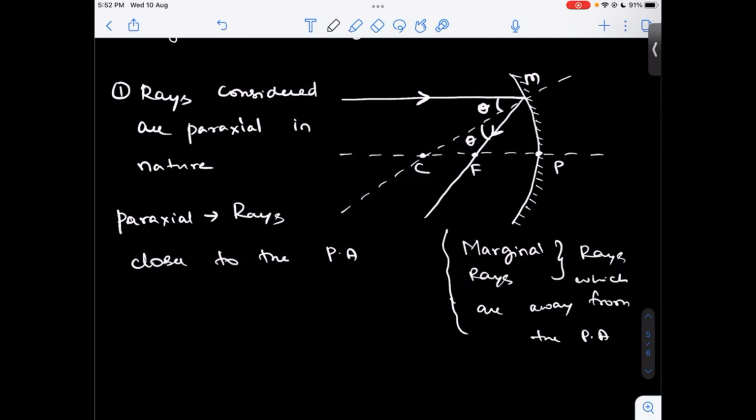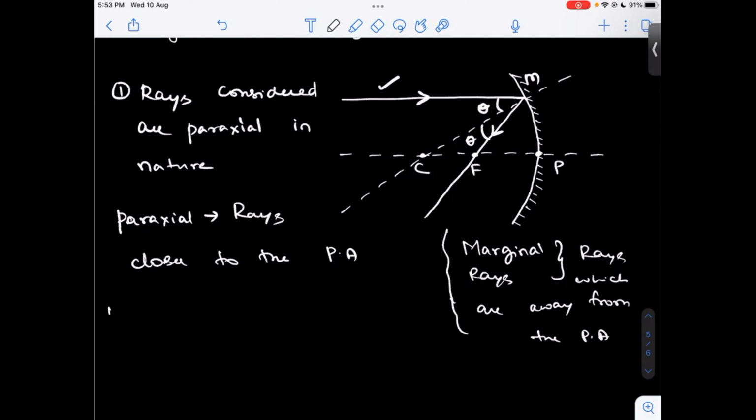Paraxial means you are considering a ray, you consider this ray, this ray is closer to the principal axis. Okay.